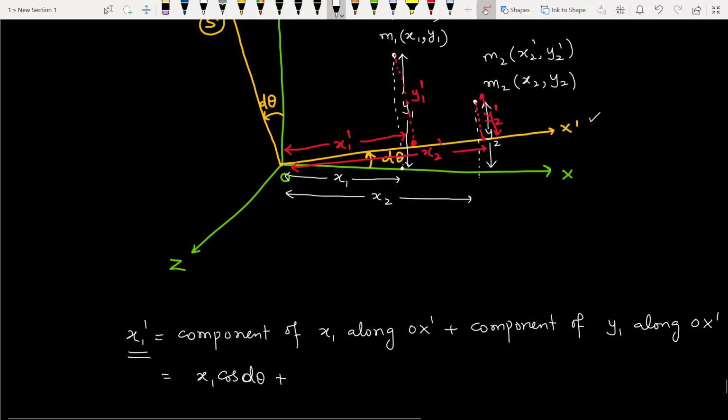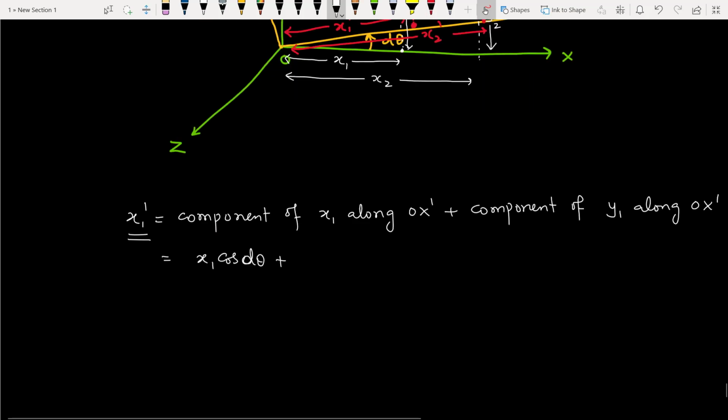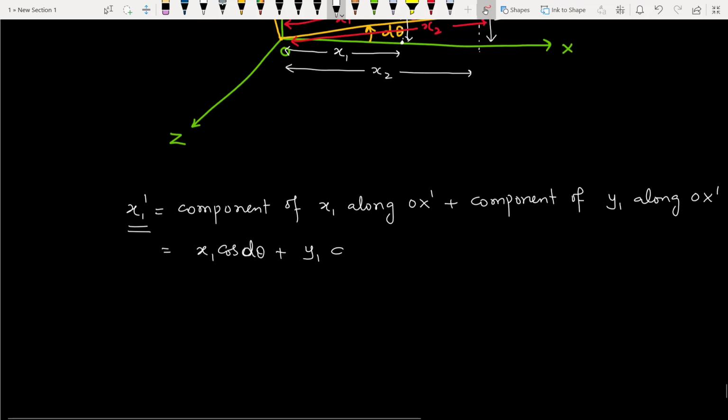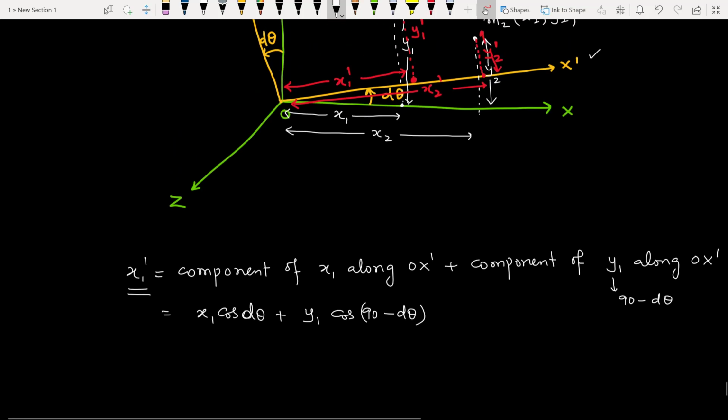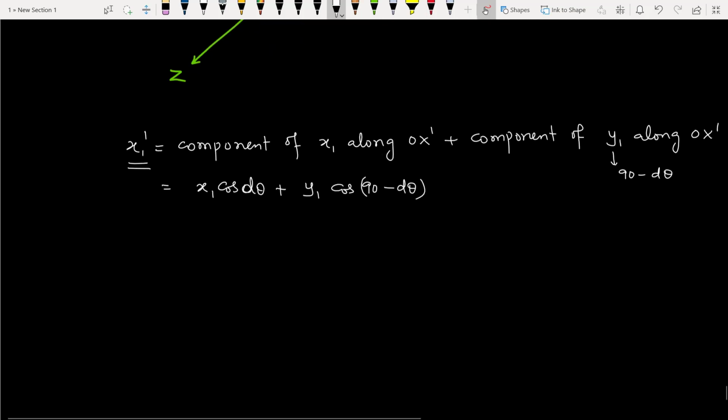Now y1 makes an angle of 90 minus d theta with the x dash axis. So it will be y1 cos of 90 minus d theta. Cos of 90 minus d theta is sine d theta.